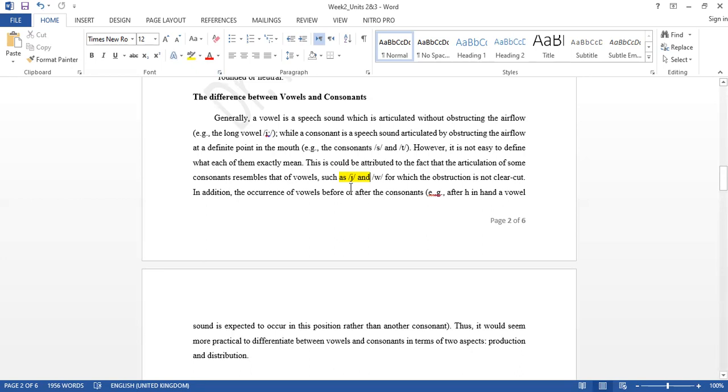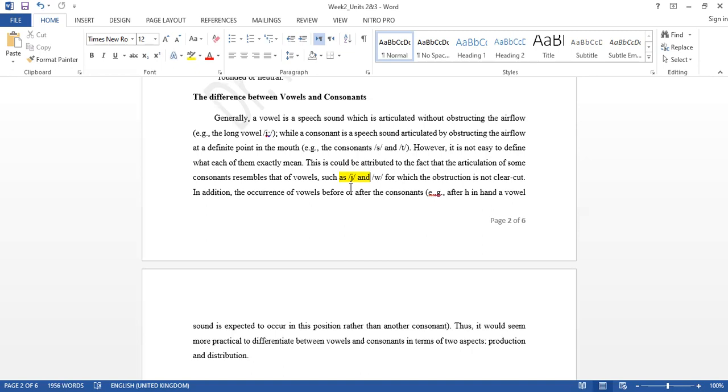So this means that the y consonant could behave like a vowel sound in terms of sound distribution. So this leads us to a statement that in order to differentiate between a vowel and a consonant, we need to look at the difference in terms of two viewpoints.